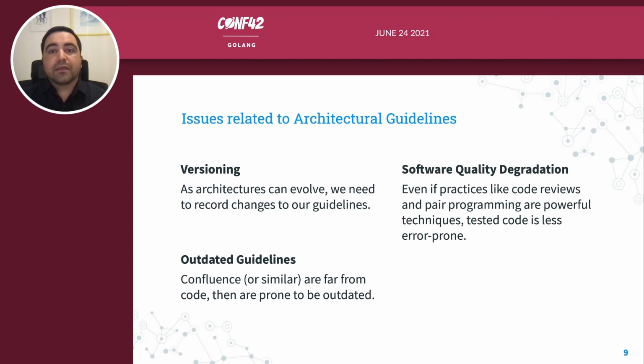For example, if we have a lot of rules as part of our architectural guidelines, maybe a couple of developers forgot to check some of them in a certain pull request. And after a couple of months, our code base does not comply with our architectural guidelines. But the worst part is that we are not seeing it. So we have no way to take care of this situation.